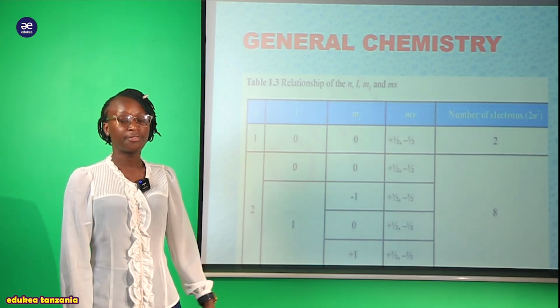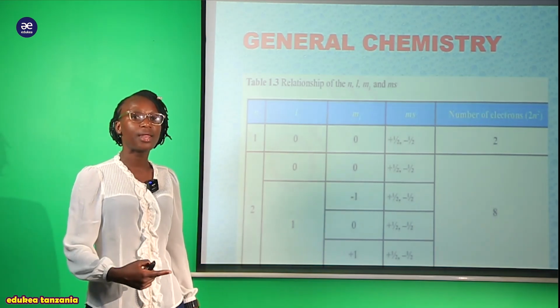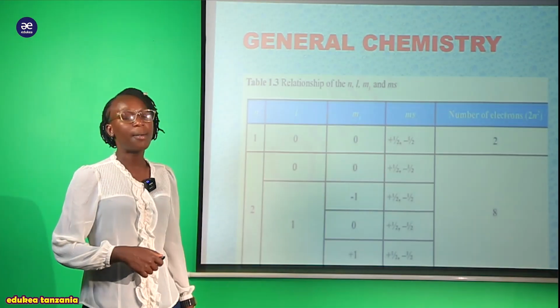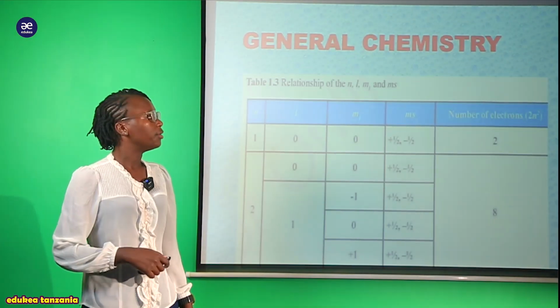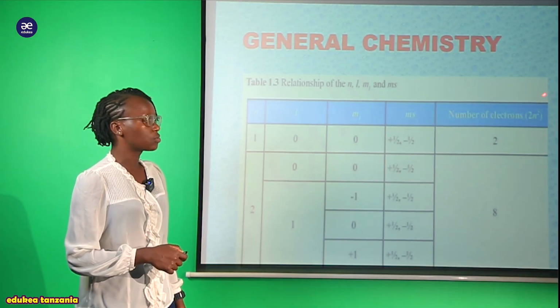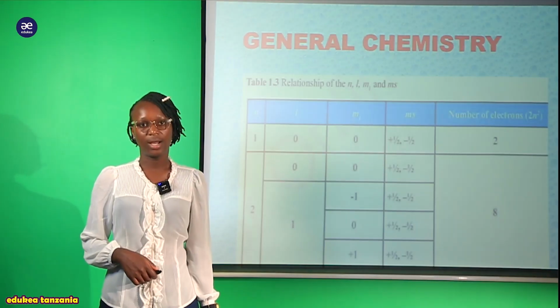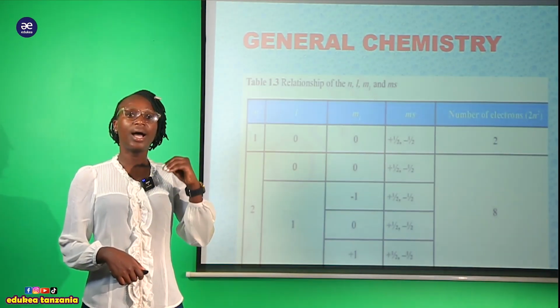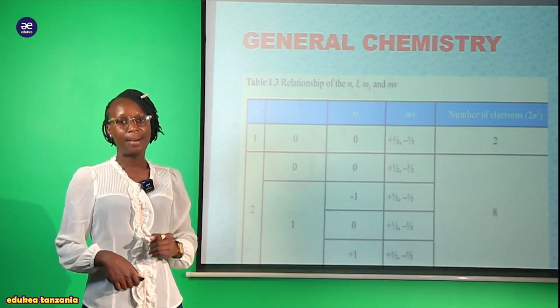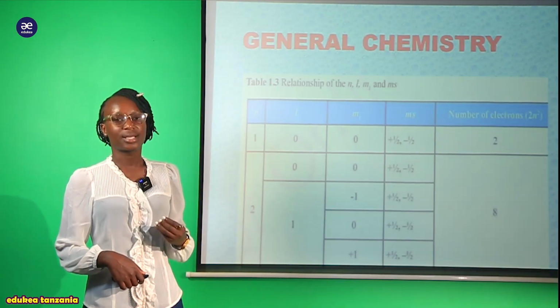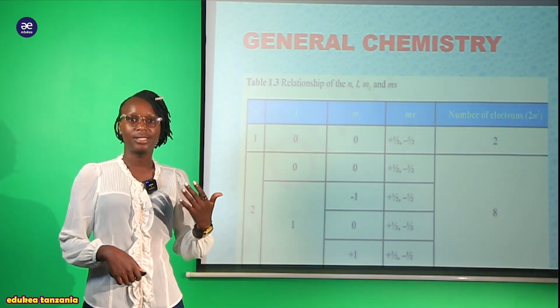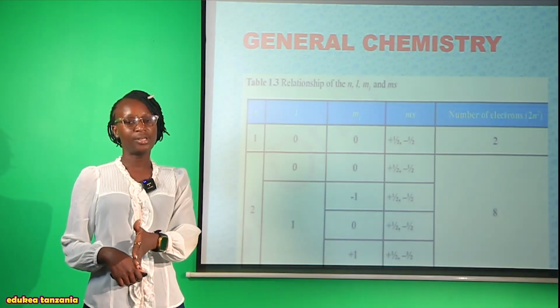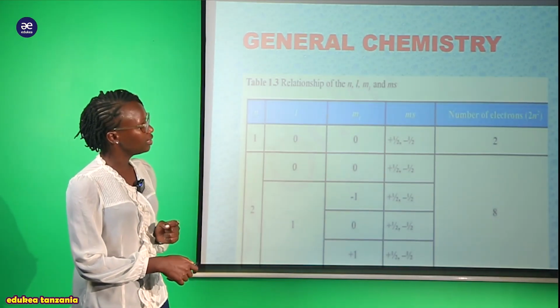And always the number of electrons can be simplified by this formula. The number of electrons can be obtained by taking 2n square. Ambapo n itakuwa inawakilisha those principal quantum numbers. Ndio itakuwa n yako. Sasa kama n ni 1, ni 2, ni 3, whatever, up to infinity, you will substitute here.